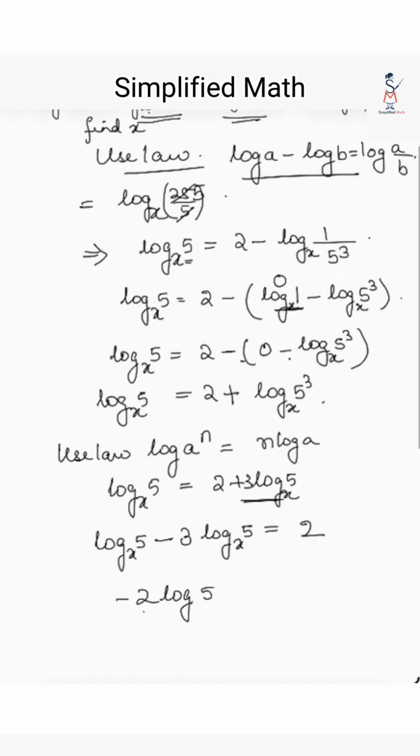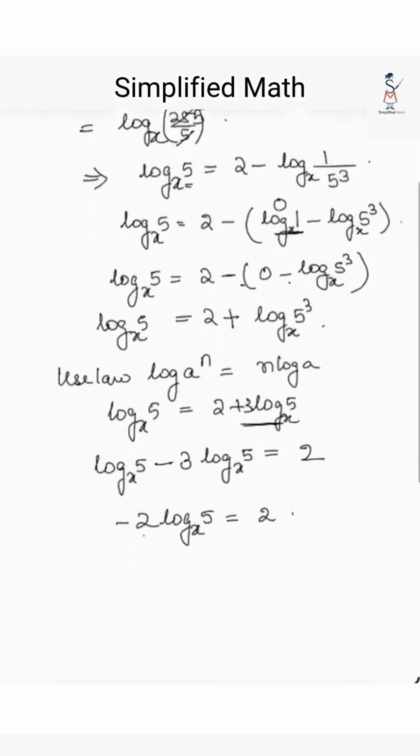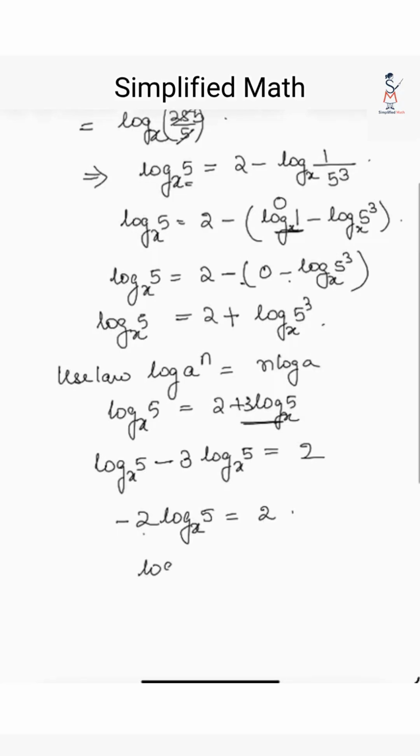So this will become minus 2 log 5 to the base x is equal to 2. Now 2 can come here and it will become 2 divided by minus 2. That is log 5 to the base x is equal to minus 1.